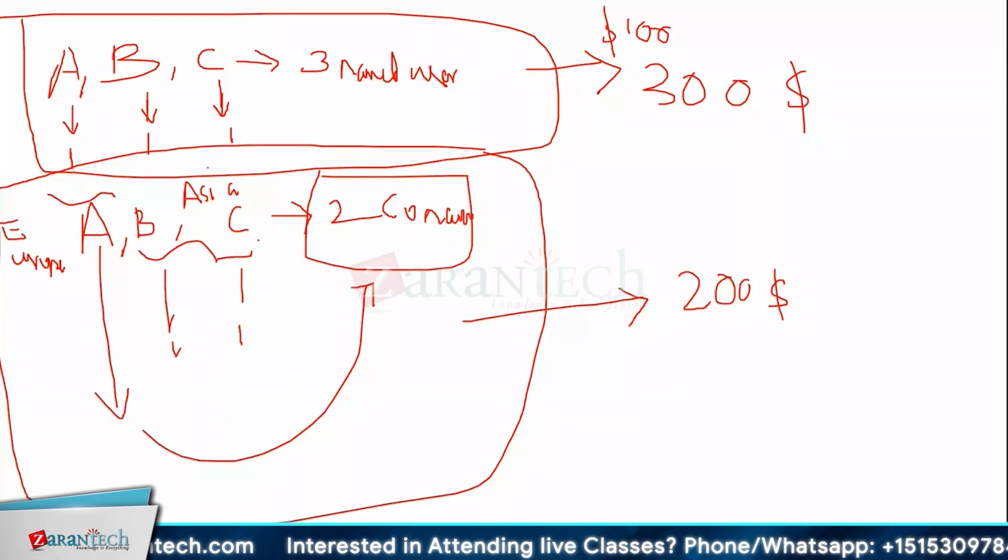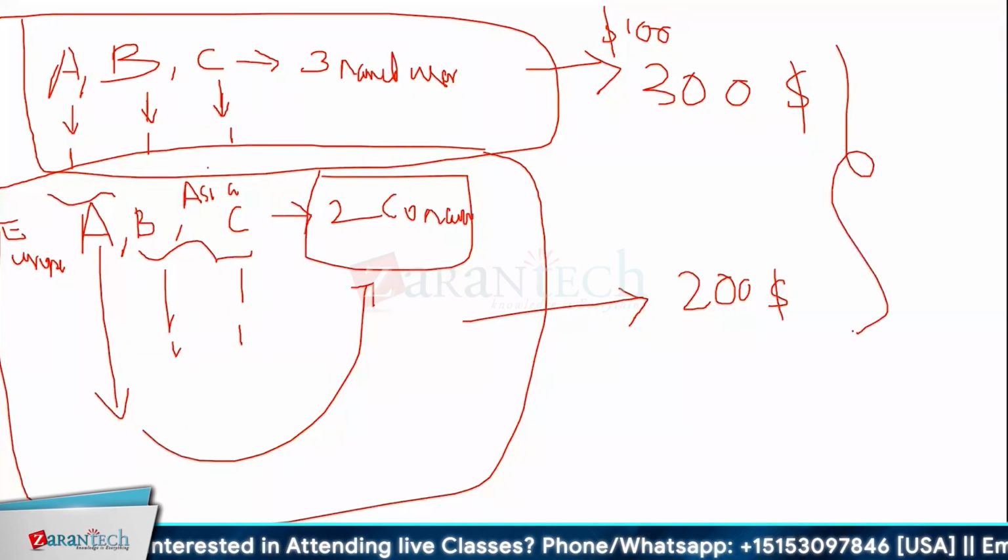That way I save 1 license cost, and it saves cost when you have multiple users in your organization. That is the difference between named user and concurrent user. Named user has a dedicated license for each and every user, whereas concurrent license is based on sessions. Is it understandable, clear, or do you want me to explain with a different example?